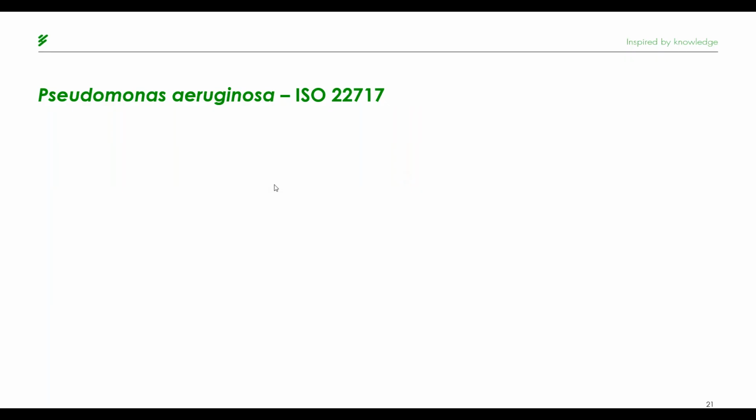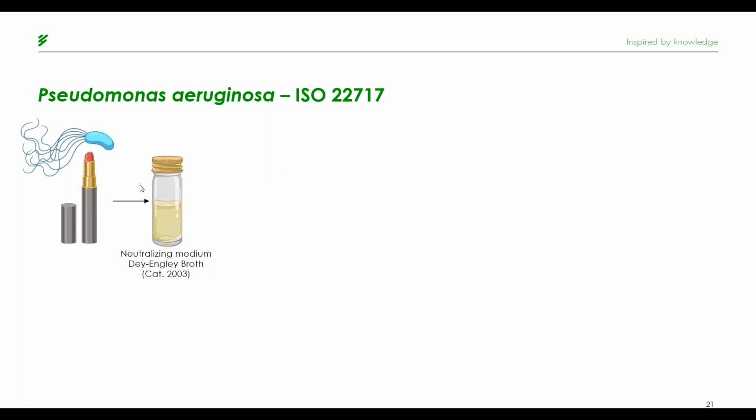The analysis is performed following the ISO standard 22717, and as the last one, we take 1 gram or milliliter of our cosmetic product. We inoculate it in the same neutralizing medium, the English broth. It's the same dilution as the last one, a 10-fold dilution of the product.